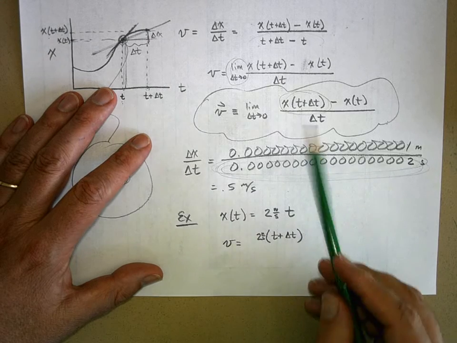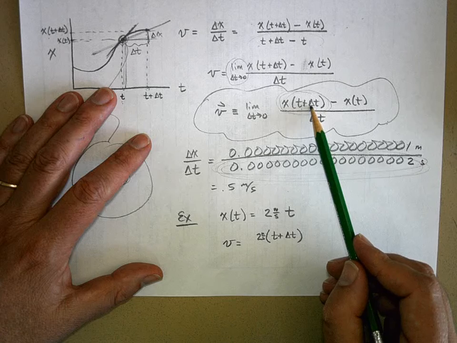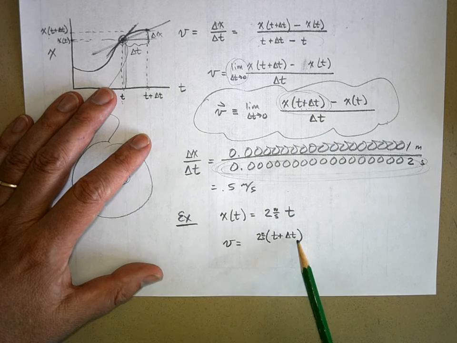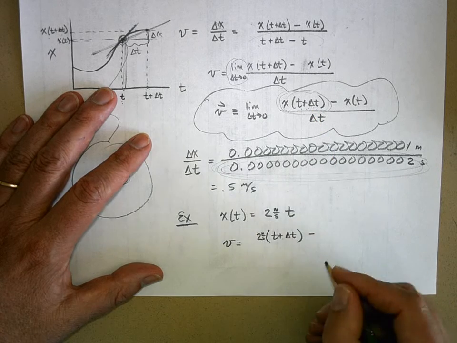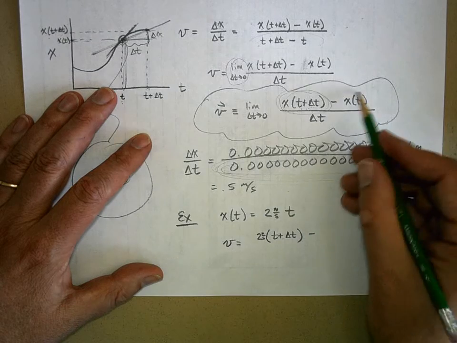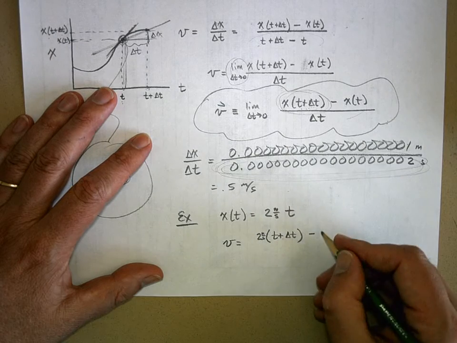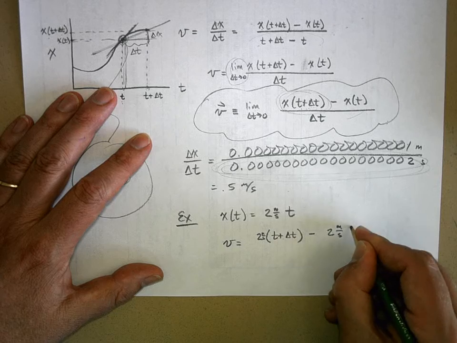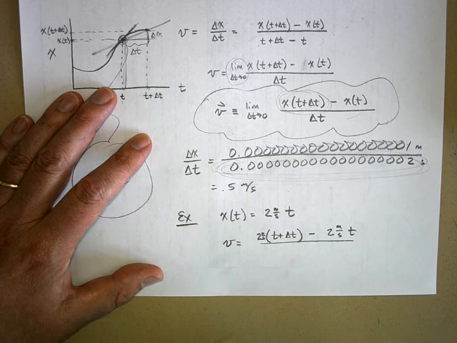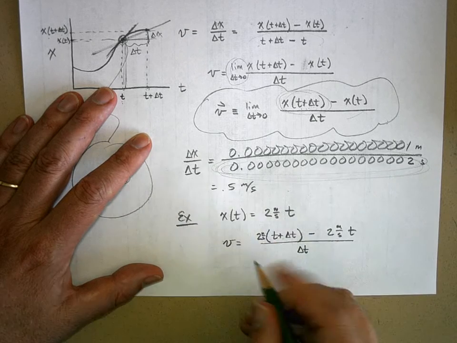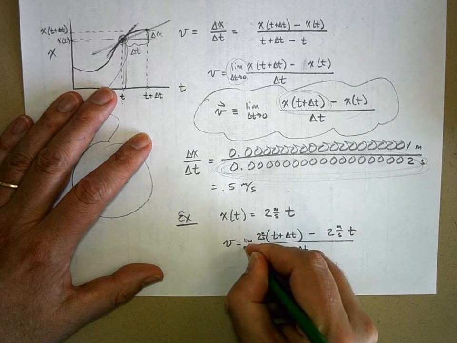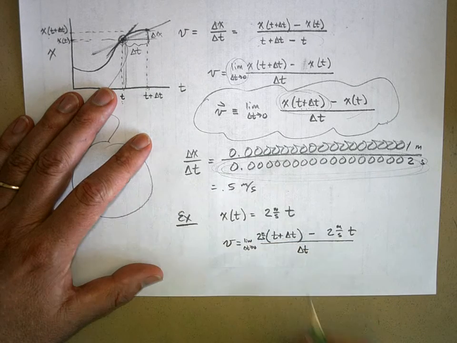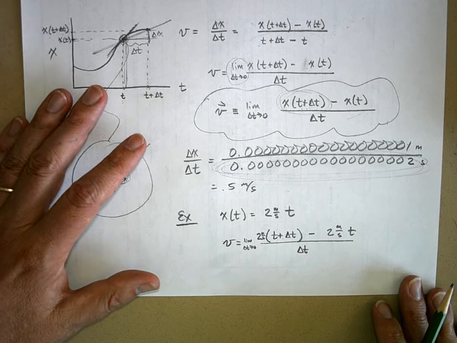What is the function saying? Wherever there's a time, just put time plus delta t. Minus x of t, which is just 2 meters per second times time, over delta t, and the limit as delta t goes to 0. Now you just do it. It's just simple arithmetic after this.